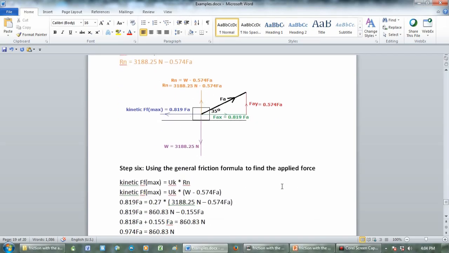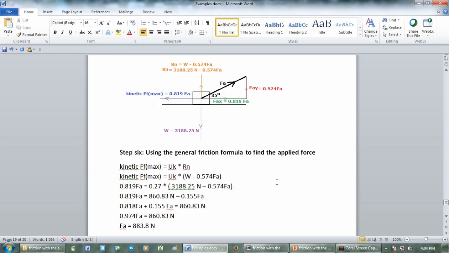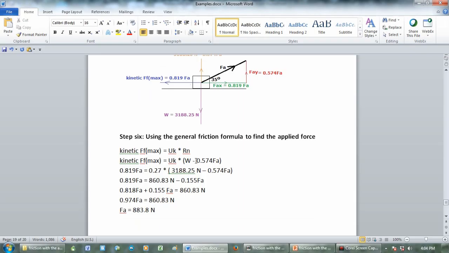Step 6. Using the general friction formula, find the applied force. The maximum kinetic friction force equals the coefficient of kinetic friction times the normal reaction force. Substituting our numbers, the maximum kinetic friction force equals UK times Rn, which was W minus 0.574 FA.